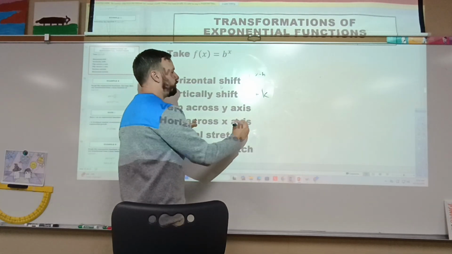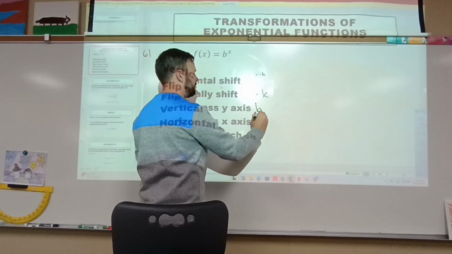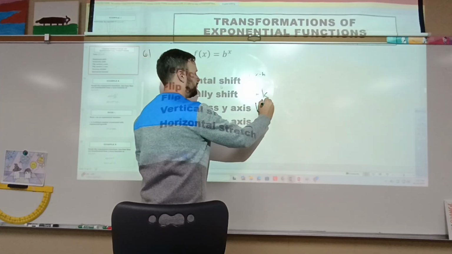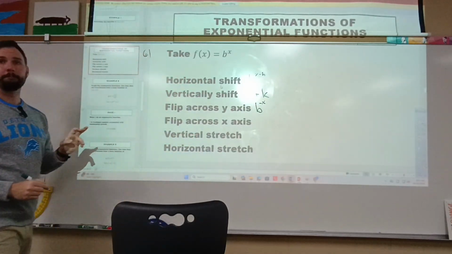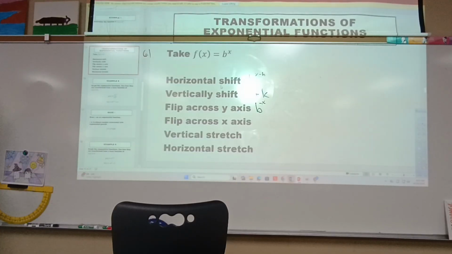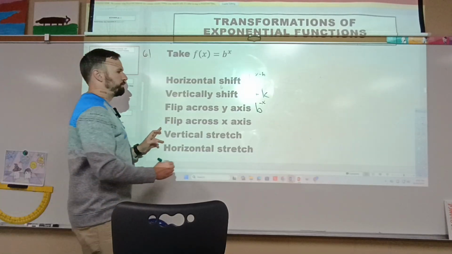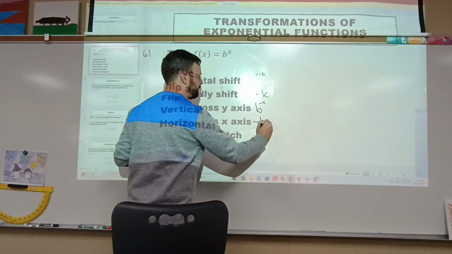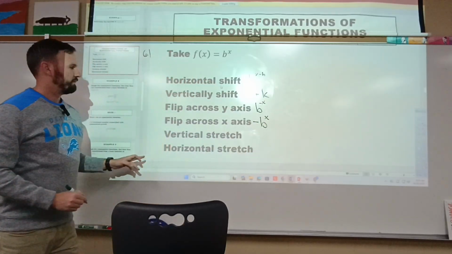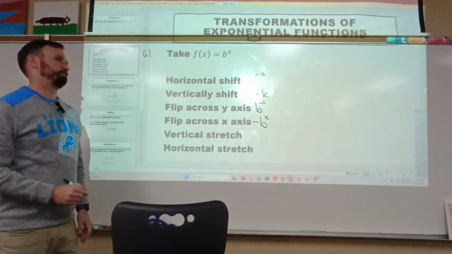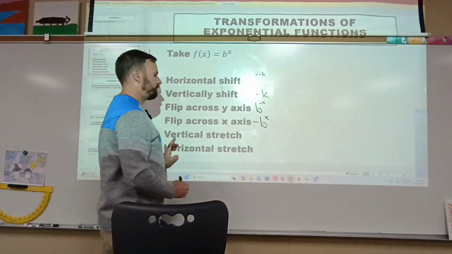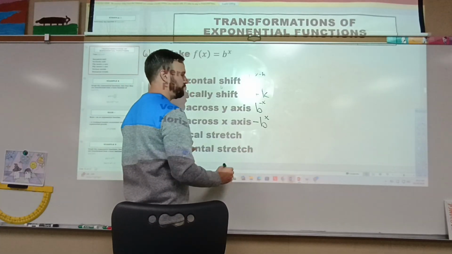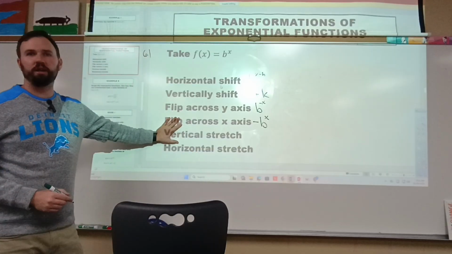To flip across the y-axis would be b to the negative x, right? To flip across the x-axis is negative b to the x. A vertical stretch would be, what letter did we use to multiply?